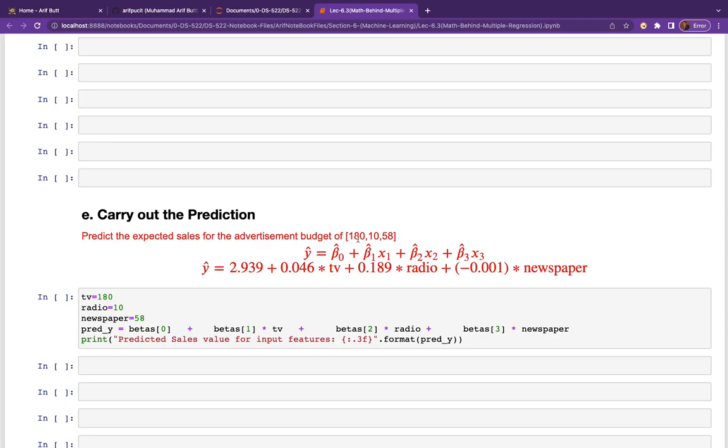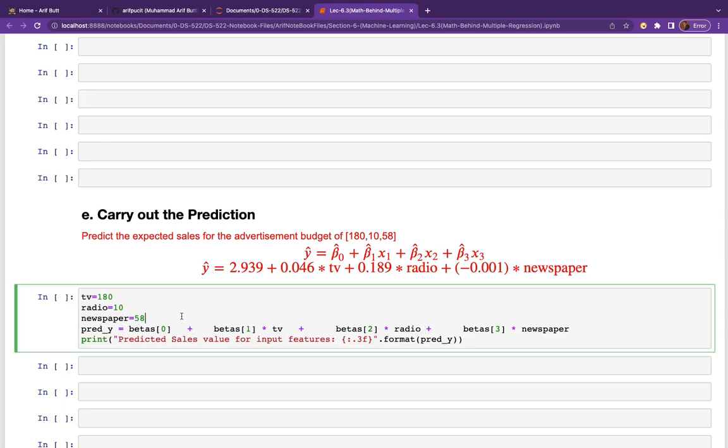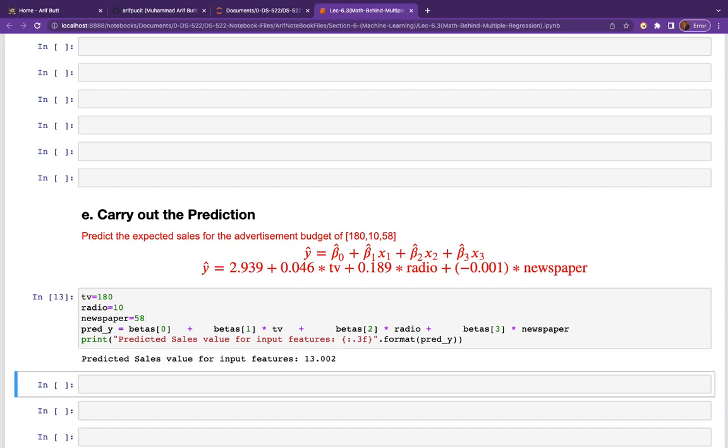You just substitute this vector of x1, x2, and x3, the 3 values of the 3 features, into this equation, and we already know the values of beta naught, beta 1, beta 2, and beta 3, so we can easily calculate or predict the value of y. And this is what I have done over here. Great.